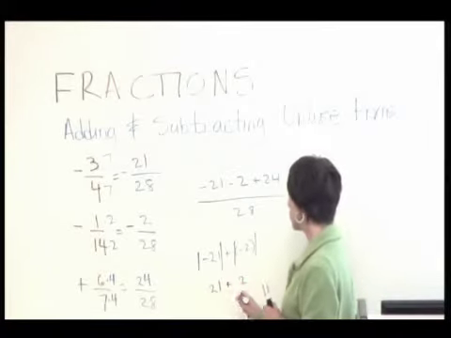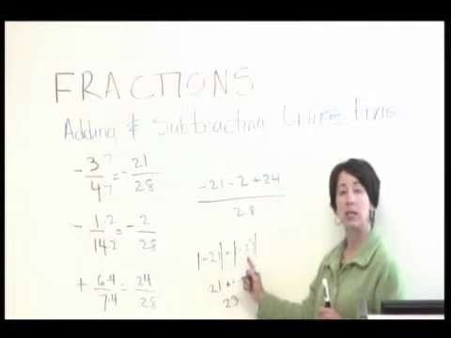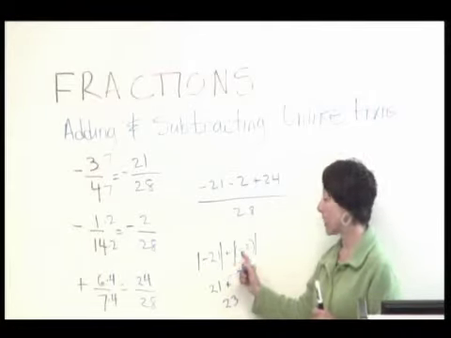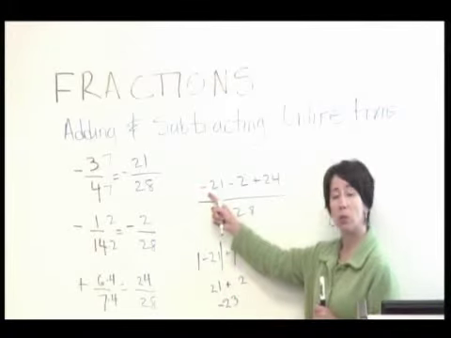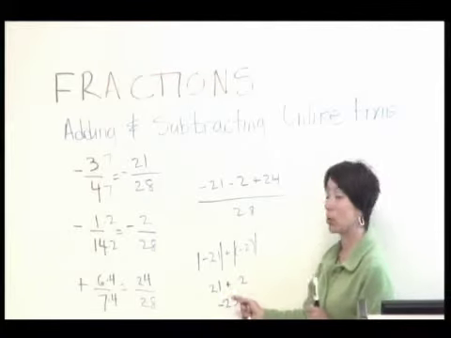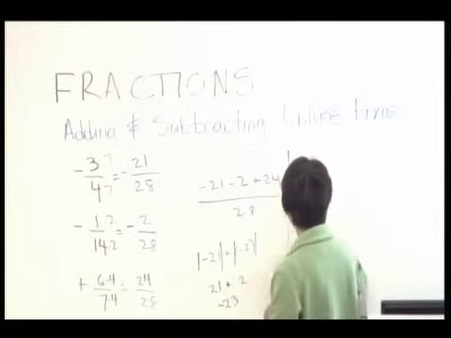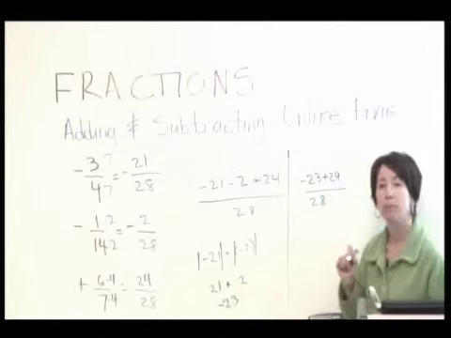So 21 plus 2 is 23. And the answer has the same sign as the original values. So that makes sense. If I'm $21 in the hole and I write a check for $2, I'm going to be $23 in the hole. So minus 23 plus 24 over 28.